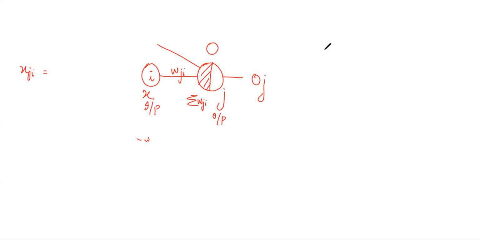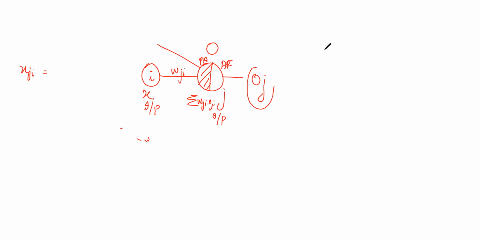So wji into xji will be my summation of this pre-activation function. So my activation function can be anything. It can use any of the functions, and it will give me my output. Okay, this is my output value. So when I tell this, now I'm representing xji.